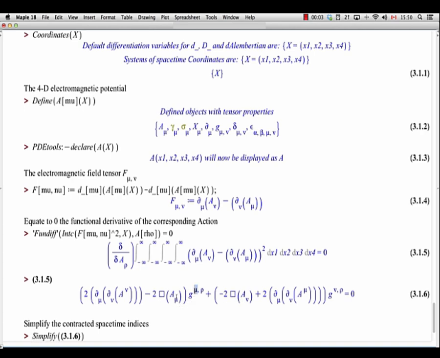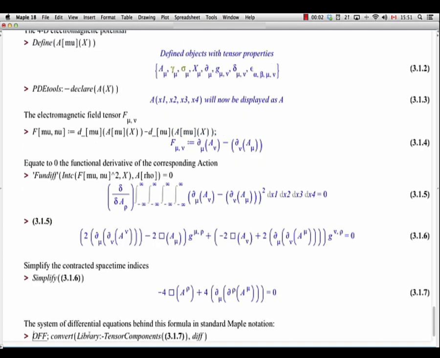Here is mu, and here is nu and nu, here is nu and nu here. There is a D'Alembertian here, and there is a D'Alembertian here. So we want to simplify this expression with respect to the contracted indices, taking into account Einstein's sum for repeated indices. The simplifier of the physics package is this one, and here we are now with Maxwell equations in tensorial form. All nice, but where are the differential equations?